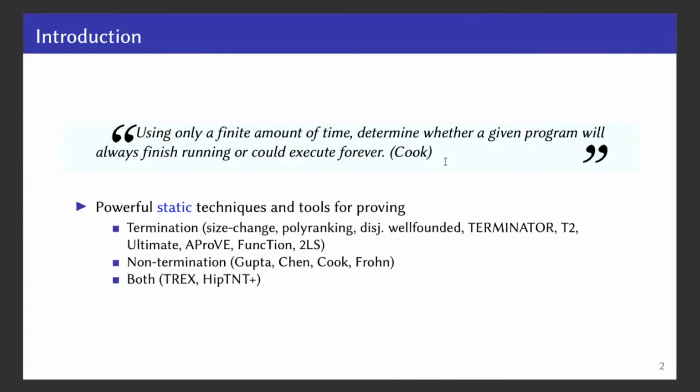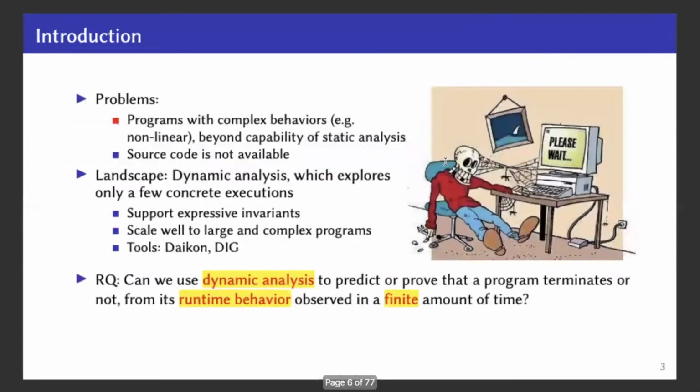Termination, aka the halting problem, is an important problem. In the last 2 decades, there are many powerful static techniques and tools for proving termination, non-termination, or proving both at the same time. However, the techniques could not handle well programs with complex behaviors like nonlinear ones, or when a shortcut is not available.